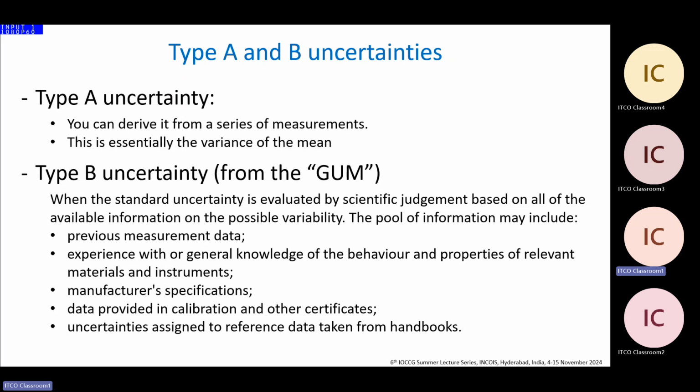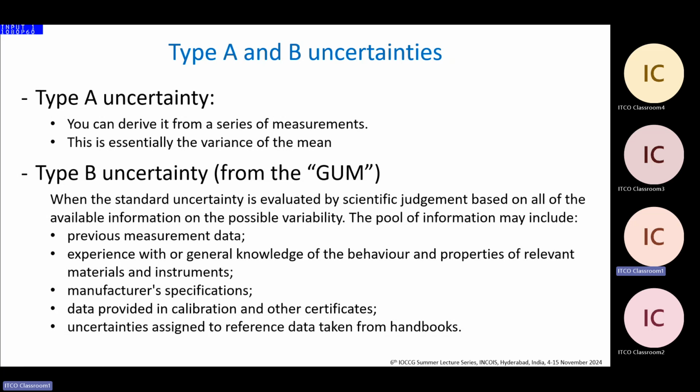One thing to mention in this kind of context are type A and type B uncertainties. That's the terminology of the metrology community. A type A uncertainty is something you can derive from a series of measurements, essentially the variance from the mean, so that you can experimentally make measurements and derive the uncertainty on the parameter. Type B, and that's taken from the GUM, the document I mentioned before: when the standard uncertainty is evaluated by scientific judgment based on all of the available information on the possible variability.